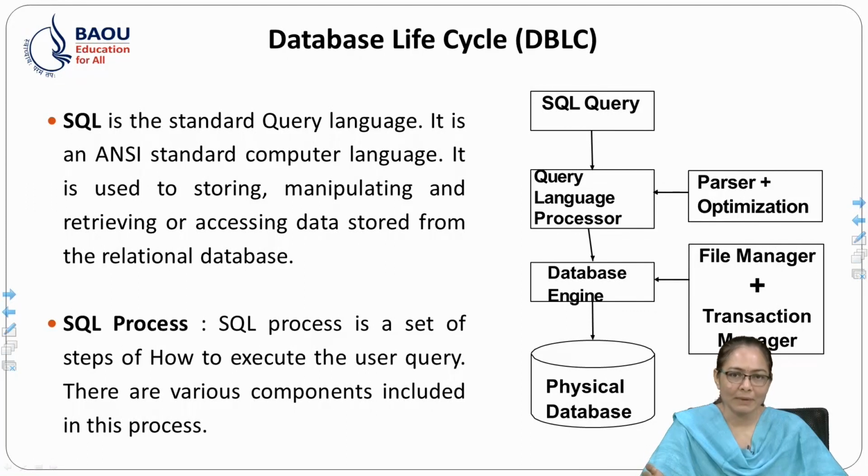There are various methods of extracting the data from the database. For example, the user wants to fetch the records of the employees whose salary is greater than or equal to 10,000.